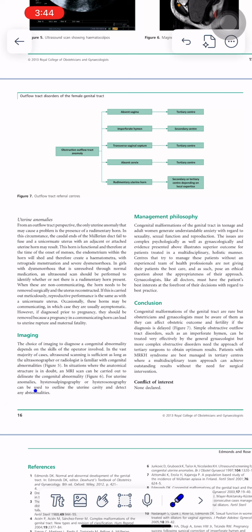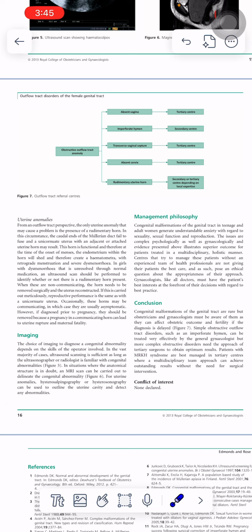For uterine anomalies, HSG or sonohysterography can outline the uterine cavity, and if the patient presents with infertility, you have to do hysterosalpingography. In young girls you will do MRI, but for those of reproductive age who want pregnancy, if it is not happening, we will proceed toward hysterosalpingography.